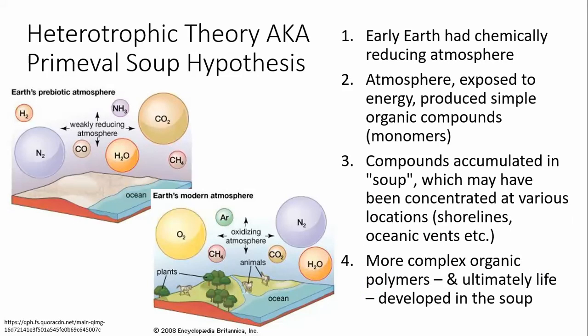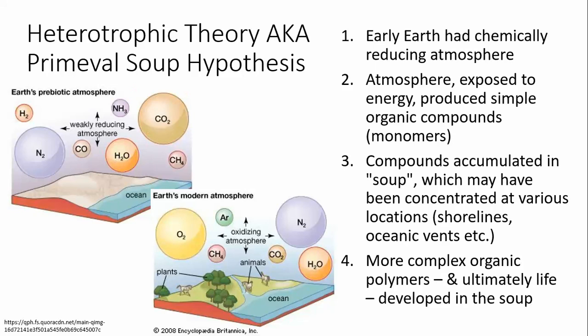Over time, their hypothesis developed into heterotrophic theory, sometimes called the primeval soup hypothesis. Basically, it starts with, like I've been saying, the conditions of the atmosphere. So here we see a diagram showing you the relative amounts of different molecules in the atmosphere. So nitrogen was very heavily featured in the early atmosphere.